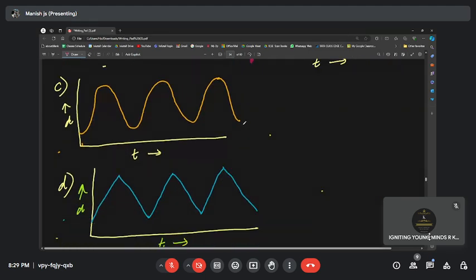So you can see that for options C and D, the graph starts from a certain point above the ground level and it makes sense. Okay, so graphs C and D make sense. Now you will have to find out which of C and D is most appropriate or most correct. Are you getting me?